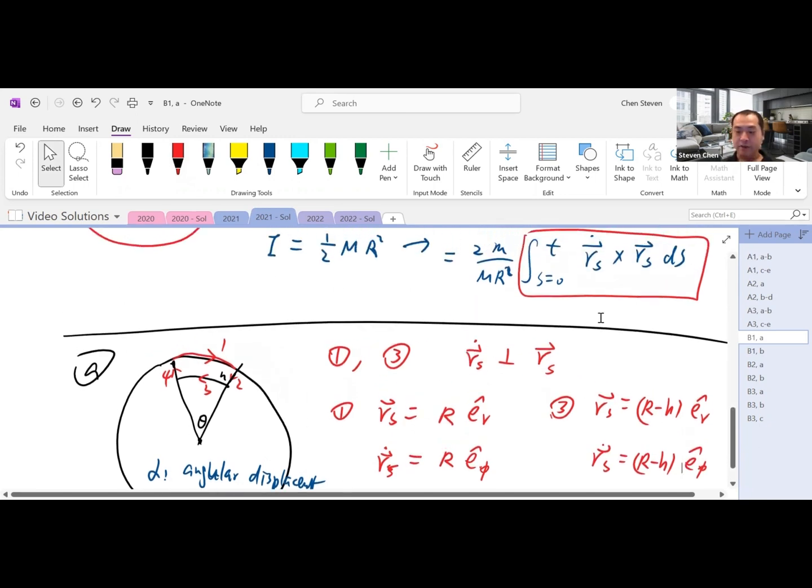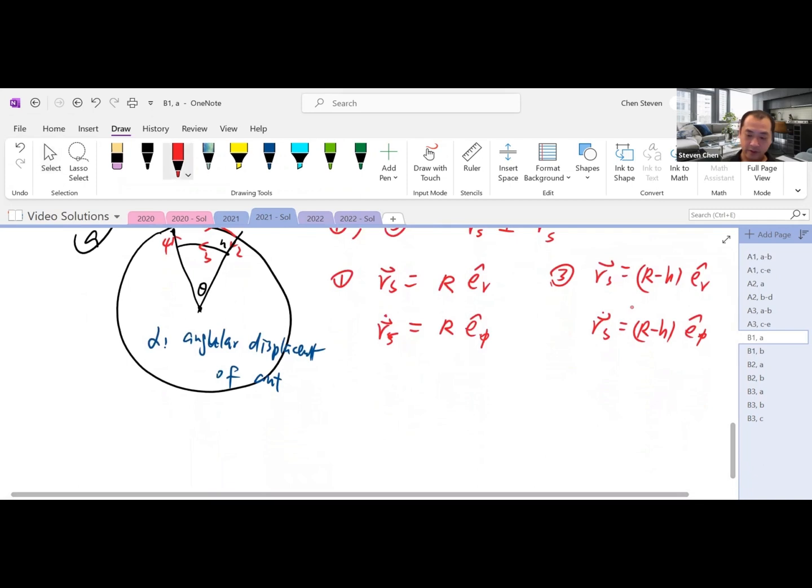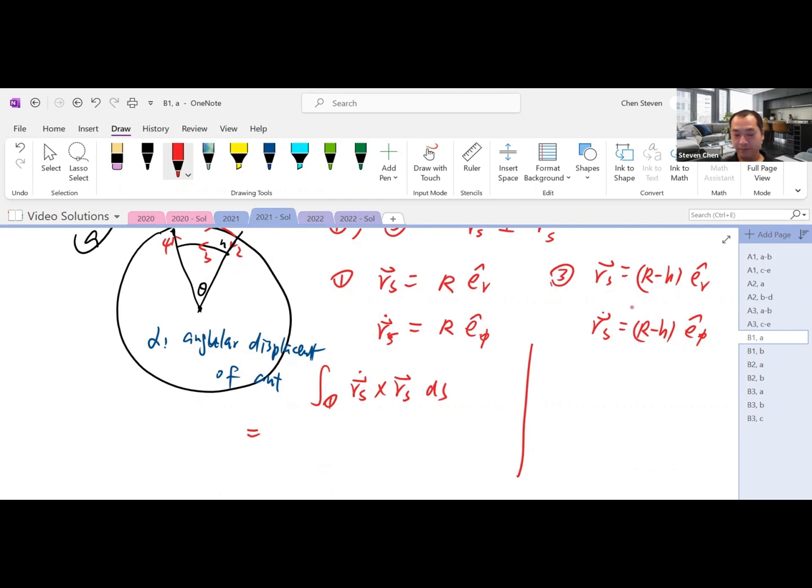And next, let's compute their integral. So for path 1, what is the integral? So we take out r squared. And let's look at the cross product of the unit vectors in the cylindrical coordinate system.